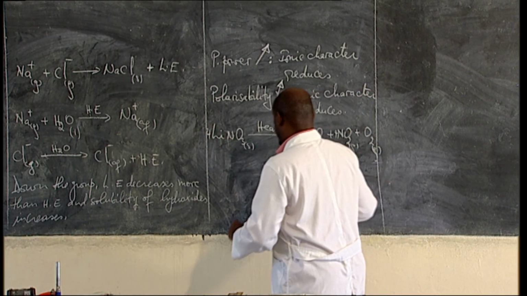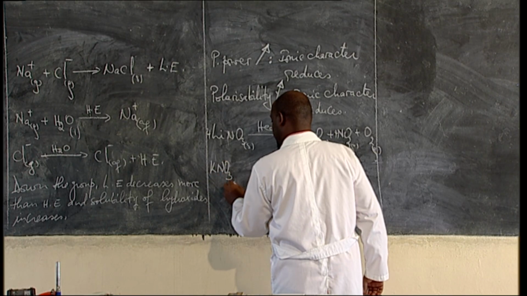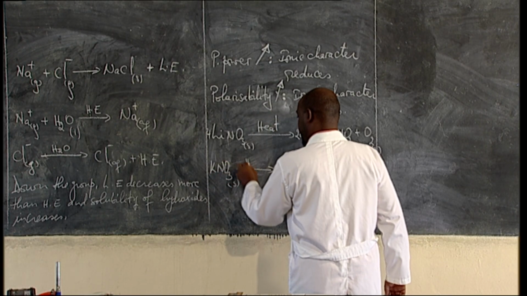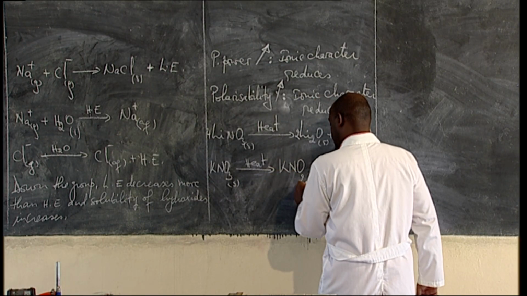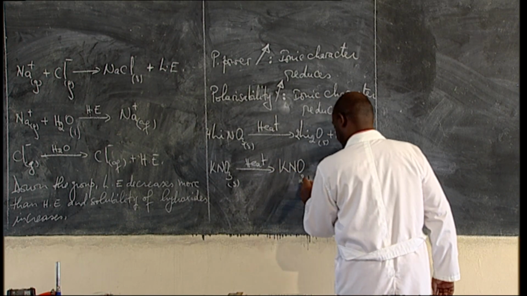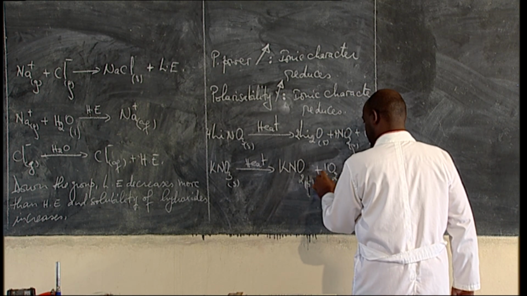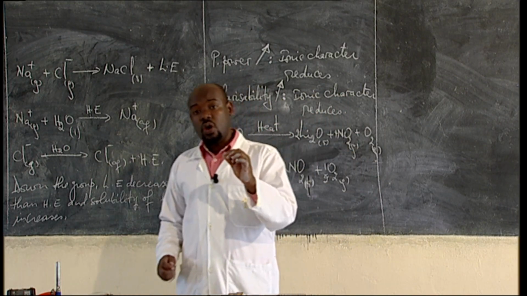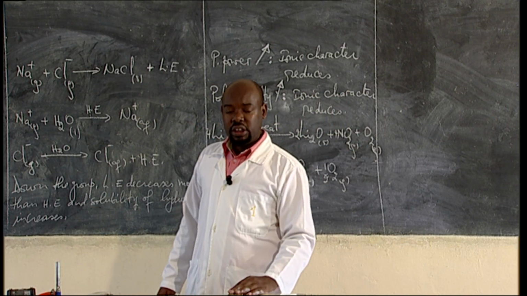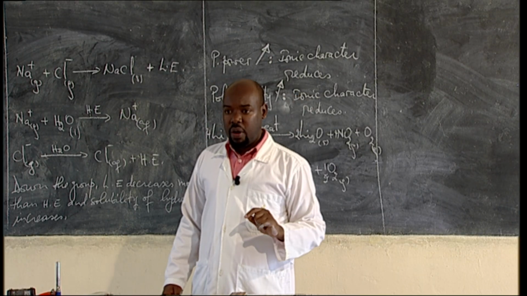And this is different from what happens when we use another nitrate, like potassium nitrate, because we produce here potassium nitrite and oxygen. And the difference here is because of the small size of lithium and its high polarizing power.